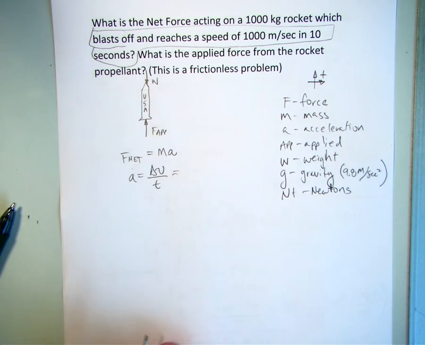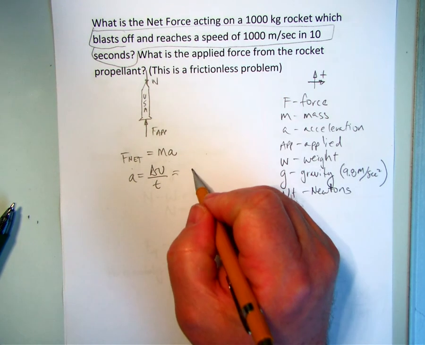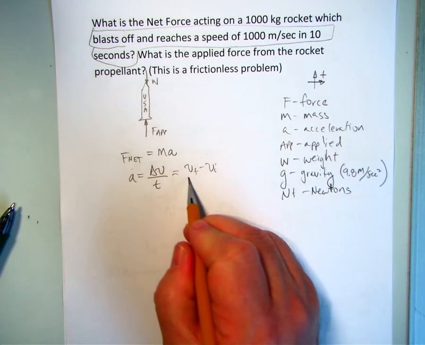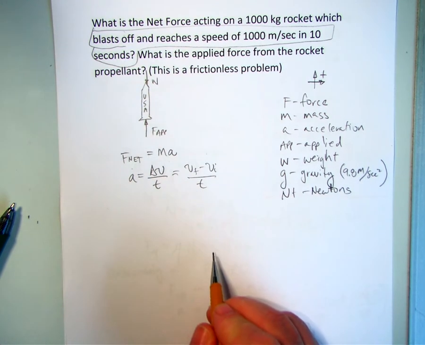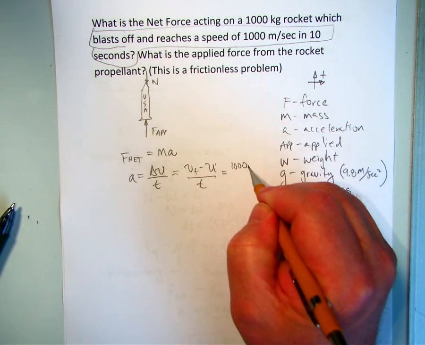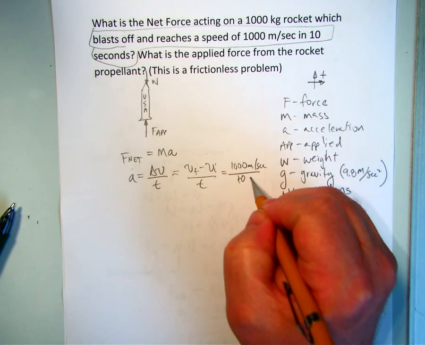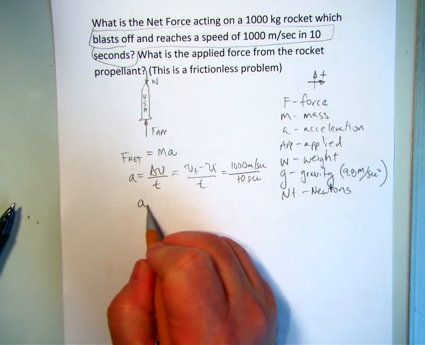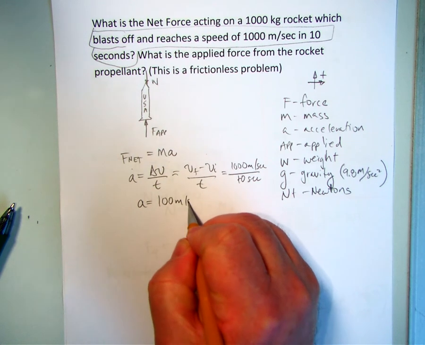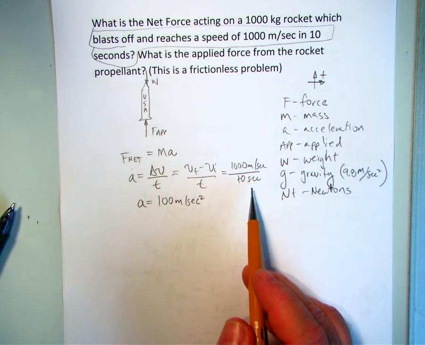Up is positive, and so we take the final speed minus the initial speed over time, and that's just 1,000 meters per second divided by 10 seconds. And so our acceleration is 100 meters per second squared.